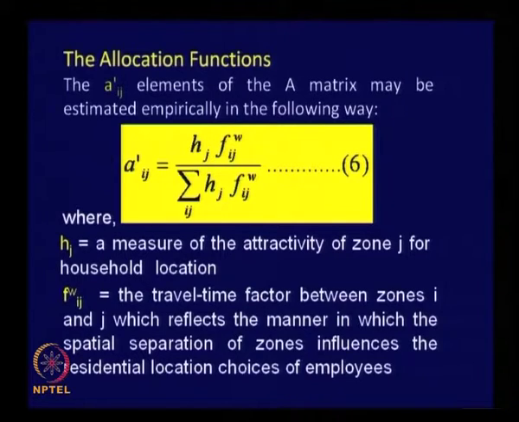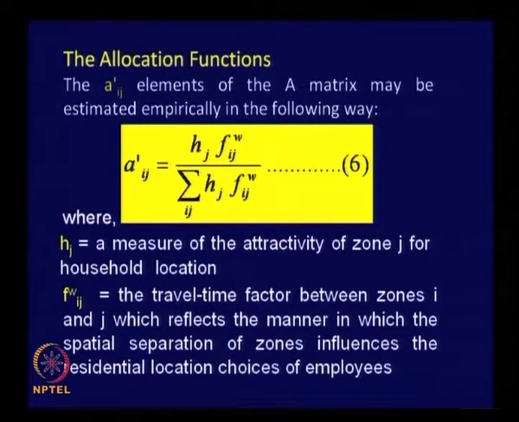And look at the denominator, it is the sum of the same for all the zones. Are you able to recollect some kind of equation similar to this, which we have already done?